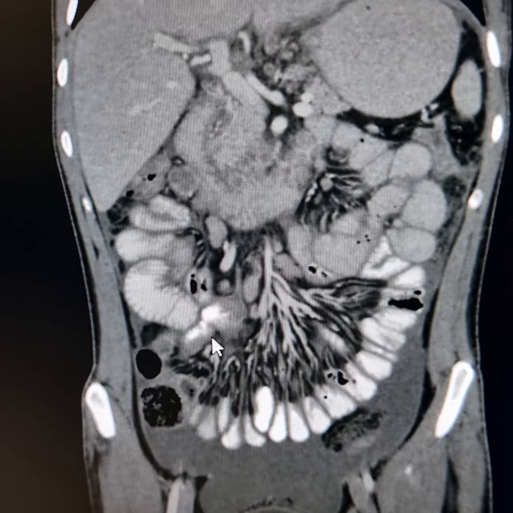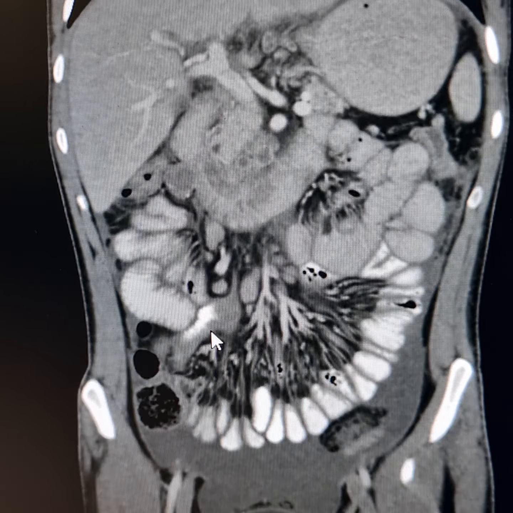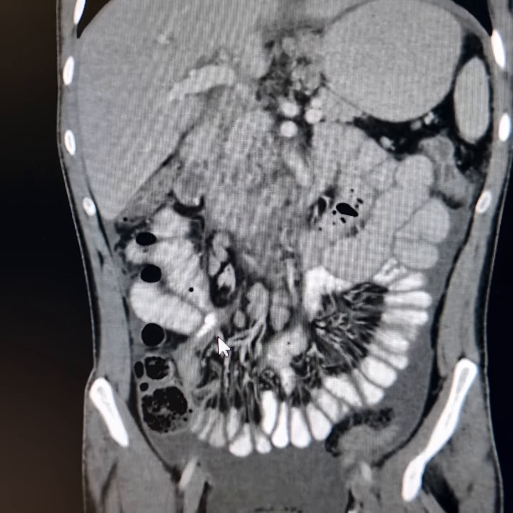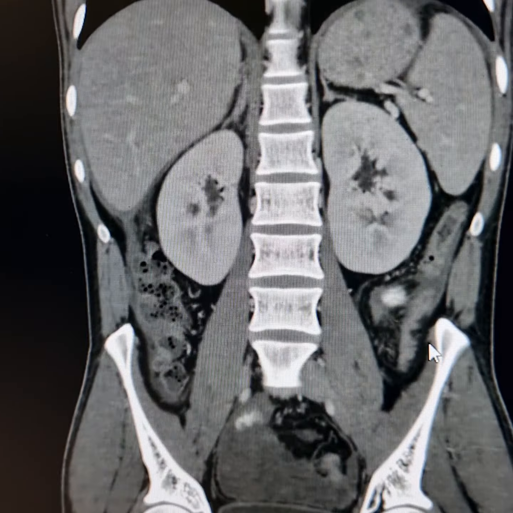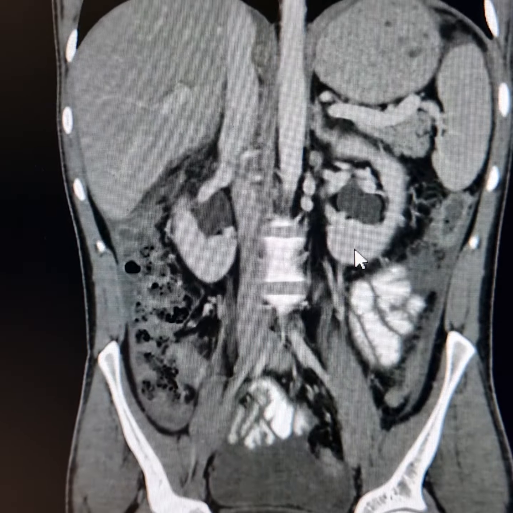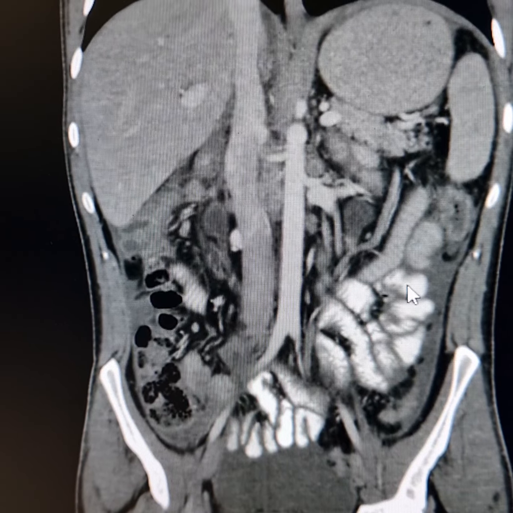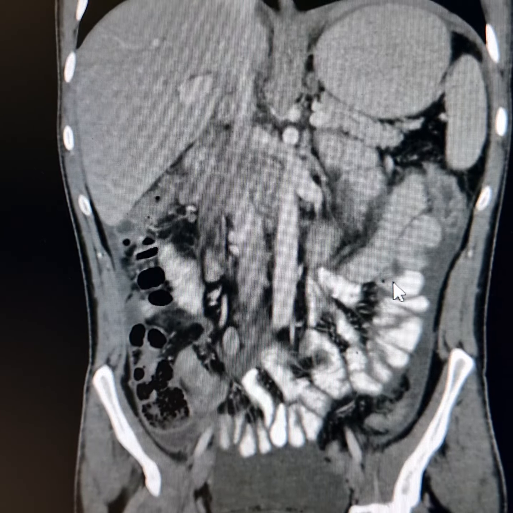Now this is the thick-walled ileal segment here, this one. The features are very typical of it. Now these are the extrarenal baggy bilateral renal pelvises.